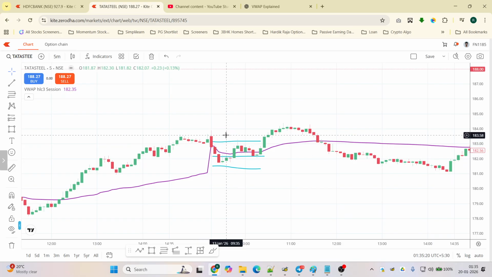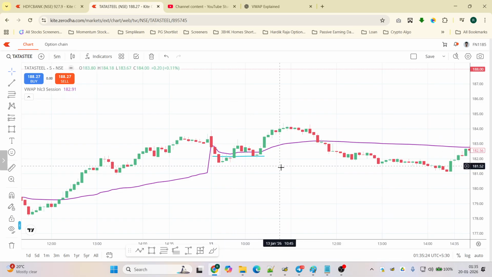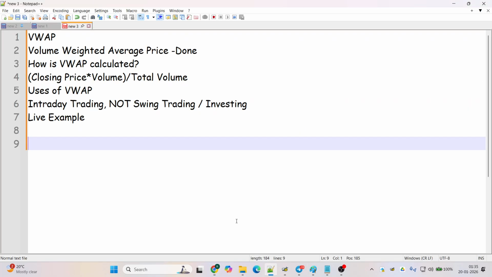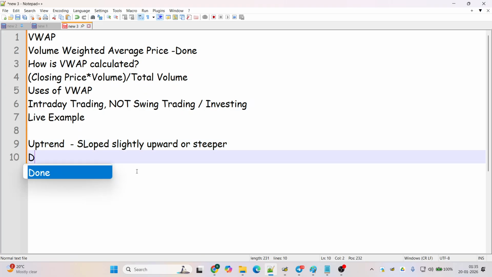Okay. So now we have seen how it looks in an uptrend, how it looks in a downtrend, and how it looks in a sideways market also. Now let me summarize. Uptrend is slope slightly upward or steeper.